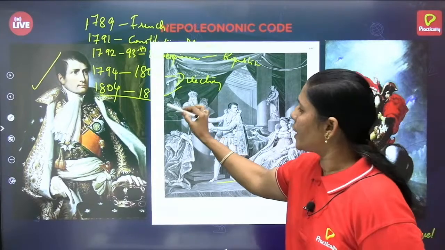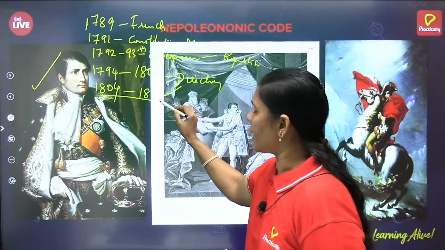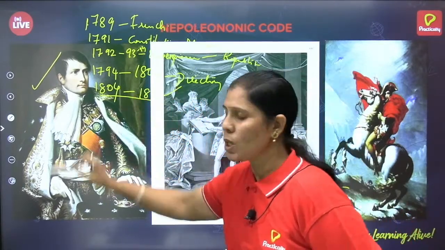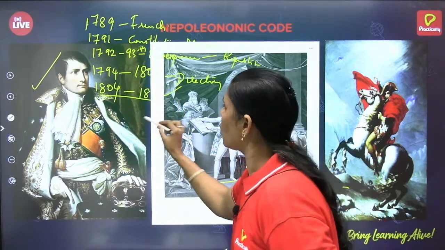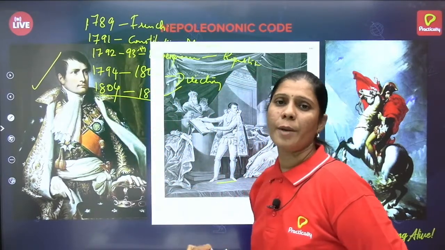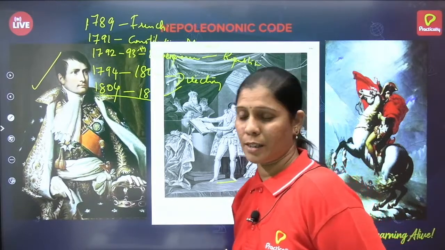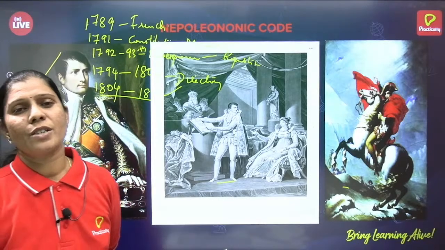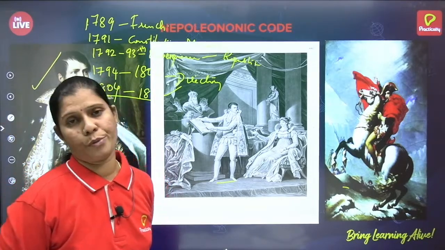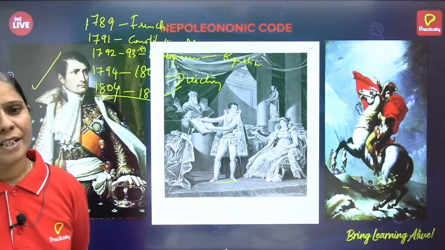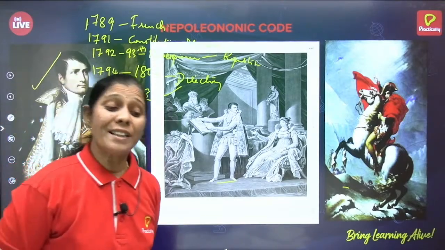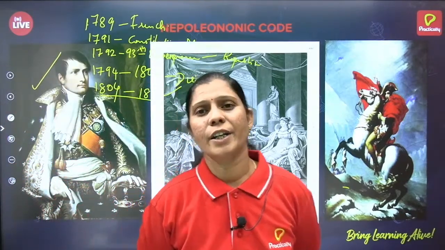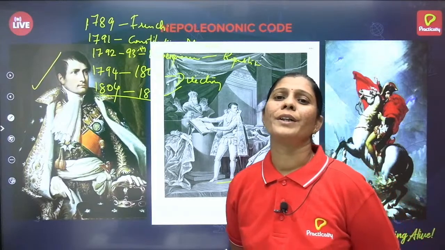Okay, so in his whole journey, in his whole control, he brought several changes in the European continent, and due to these changes, he redrew the structure of Europe. He extended his territories. In these areas, especially, he introduced a system called the Continental System.